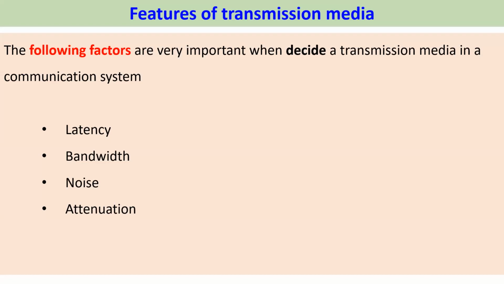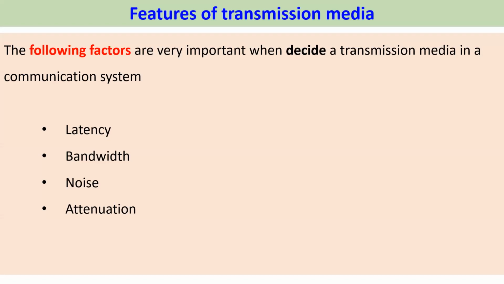The following factors are very important when deciding a transmission medium in a communication system. Right. If you are supposed to establish a communication system, then you want to decide what medium you are going to use. When deciding the medium, you want to consider these factors.